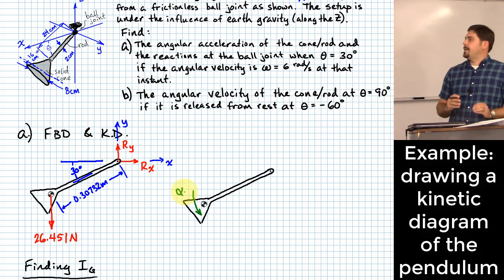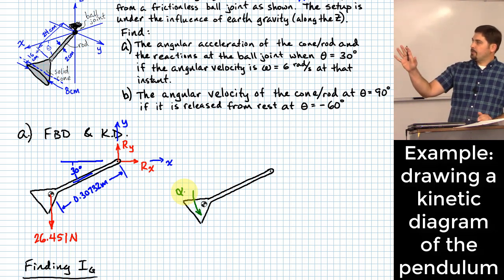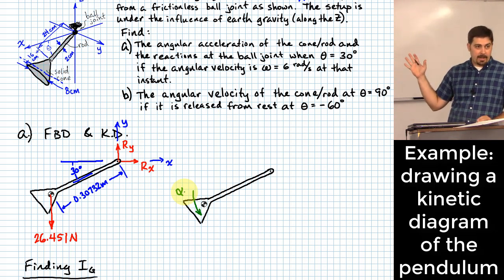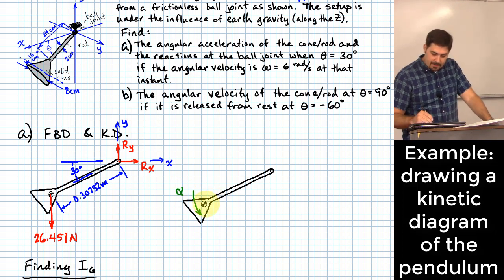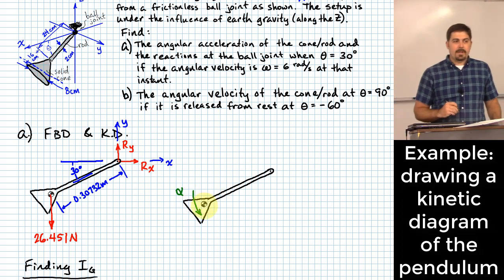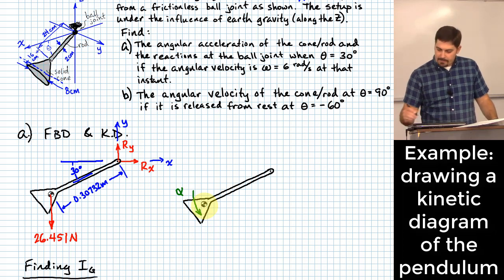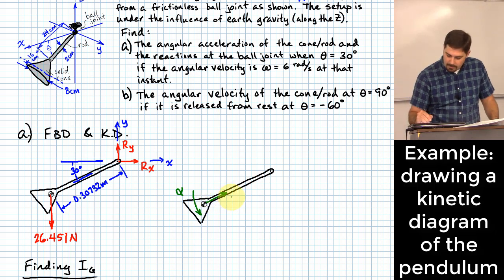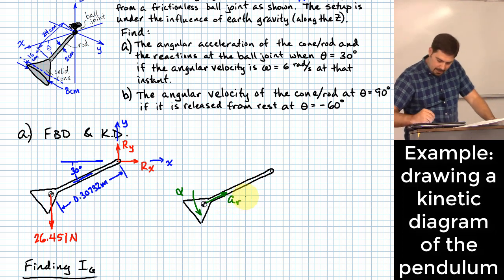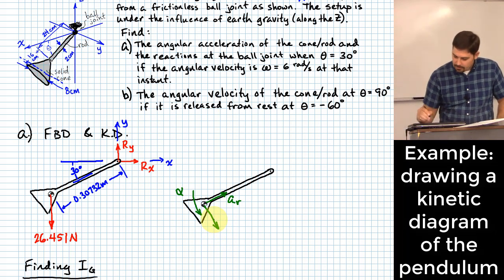All right, well, but remember the sum of the forces that happen on the free body diagram have to be equal to the accelerations that happen on the kinetic diagram, and they have to be centered at the CG. So there's a couple ways I can do that. I can do it in X and Y coordinates, but I think in this particular problem, it's probably easier to state these in terms of a radial component, maybe I'll call that A sub r, and a tangential or transverse component that I'll call A sub t.